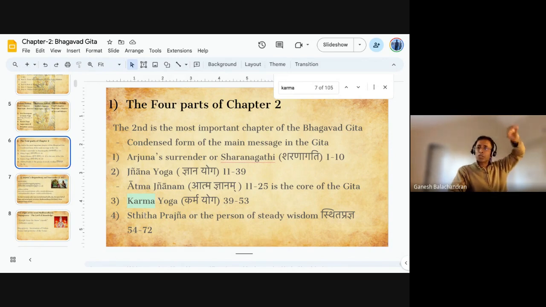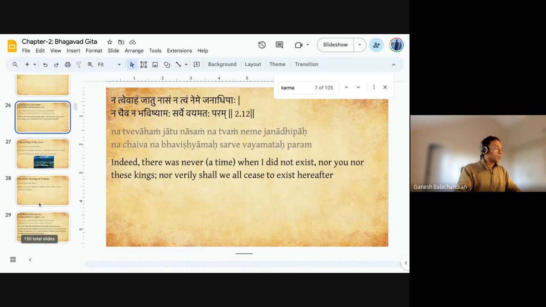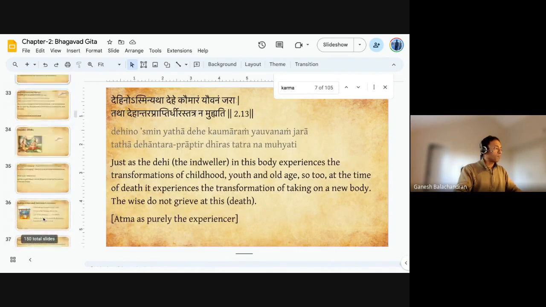And then he knows that Arjuna is not ready, so he switches to Karma Yoga, which is how to get the mind to settle down so it's ready for receiving the knowledge. And the last portion is Sthita Prajna, or the person of steady wisdom. So Teju ji, you had a question, so this is the portion which will cover all that. Okay, so with that, we will pick up where we left.